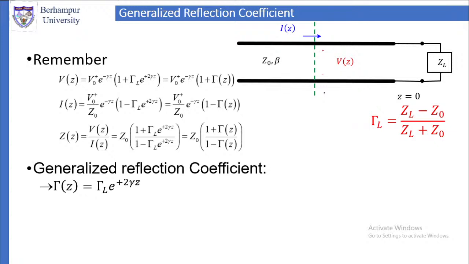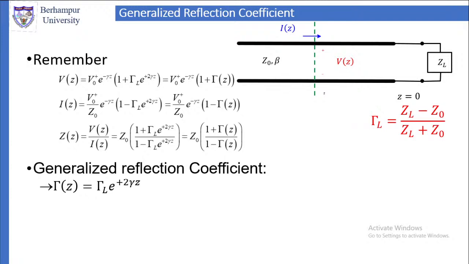Now drop the subscript L, that gives you Z0 into (1 plus gamma Z) by (1 minus gamma Z). And now gamma Z, we know what is gamma Z is equal to gamma L exponential minus 2 gamma Z, and that is equal to (ZL minus Z0) by (ZL plus Z0). Here this gamma Z is called the generalized reflection coefficient.